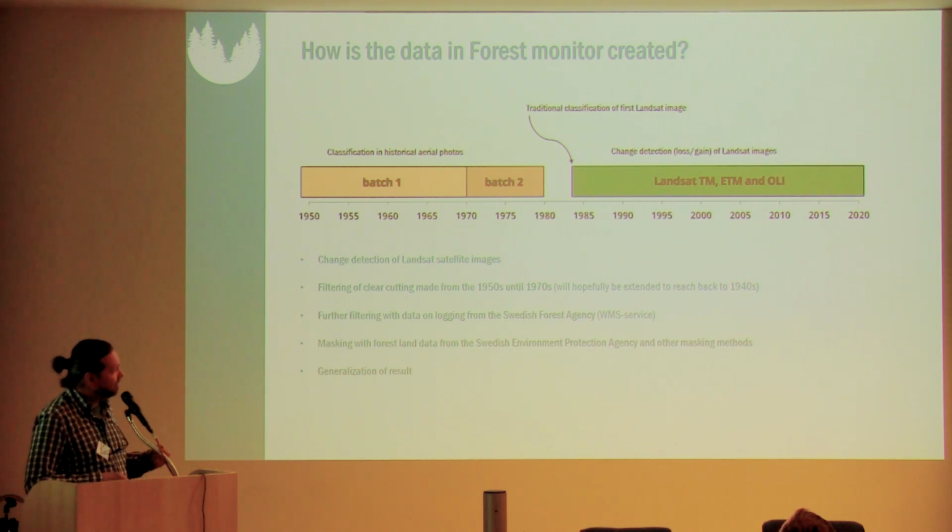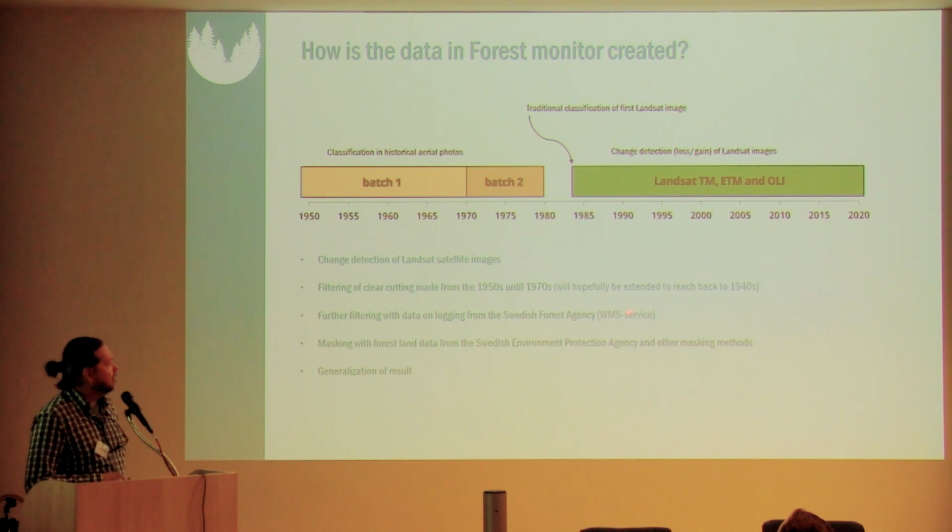And as I can see, if I look through the archives, pretty much the entire continent of Europe has these sort of photos as well. So we have now started to work on Finland, doing the same thing there. We have a group of people working on this there now to map Finland. We use some data from the Forest Agency.